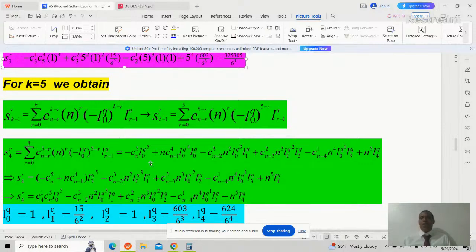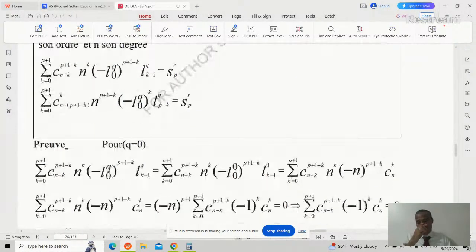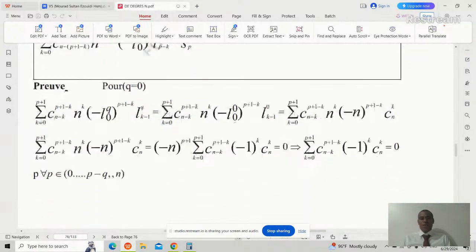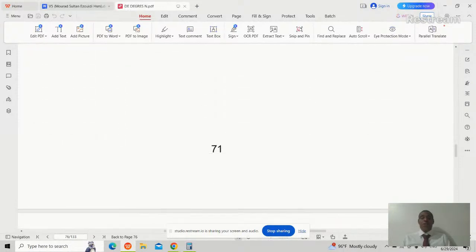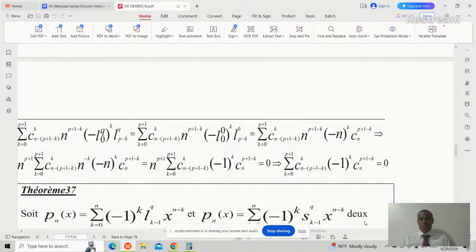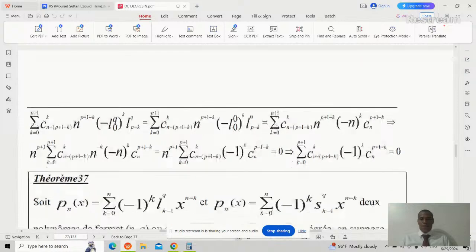Now learners, I told you we'll use this formula from my own book, of course. For each theorem of mine, we have three demonstrations or three proofs, and the three methods lead to the same result.